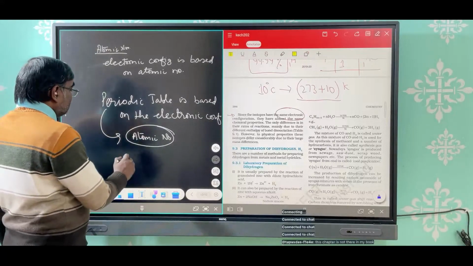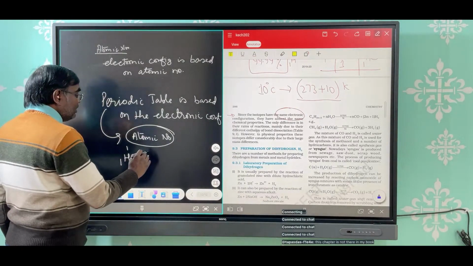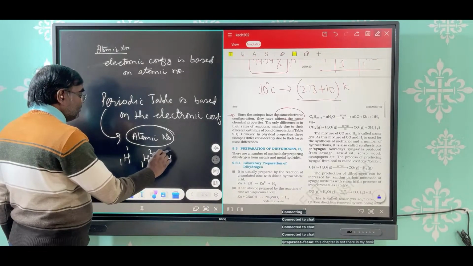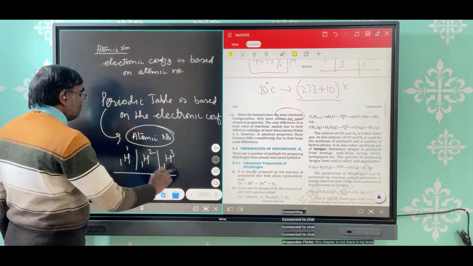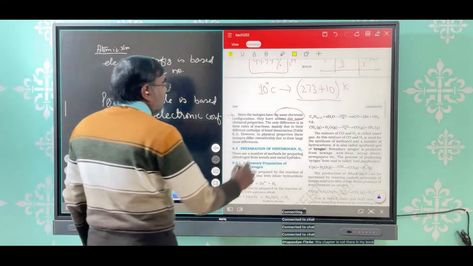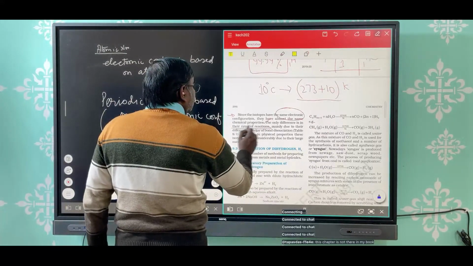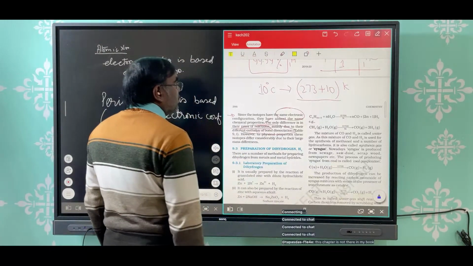Since for all three isotopes the atomic number is the same, the chemical properties of all the isotopes will be similar. The only difference is in their rate of reactions, mainly due to their different enthalpy of bond dissociation. You noted, na?